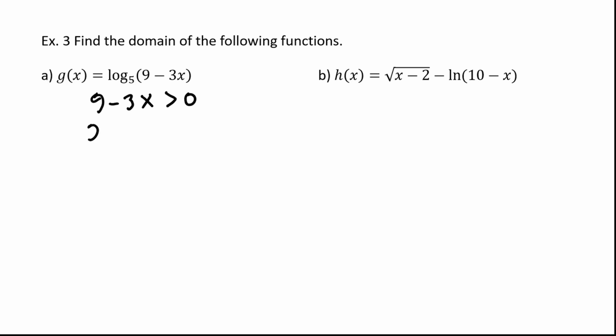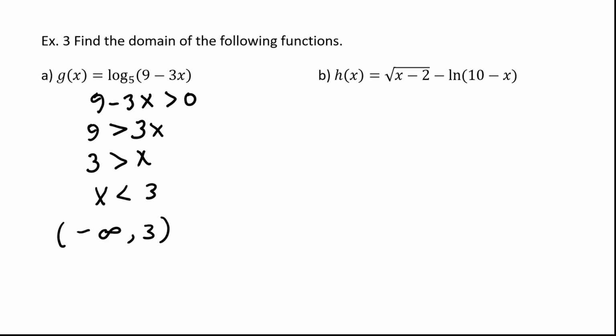Solving, we would get 9 is strictly greater than 3x. Divide by 3 on both sides, so I get 3 is strictly greater than x. It is helpful for me to always have the x listed first, so that's the same thing as x is less than 3, and in interval notation, that would be -infinity to 3. We do not include the 3.